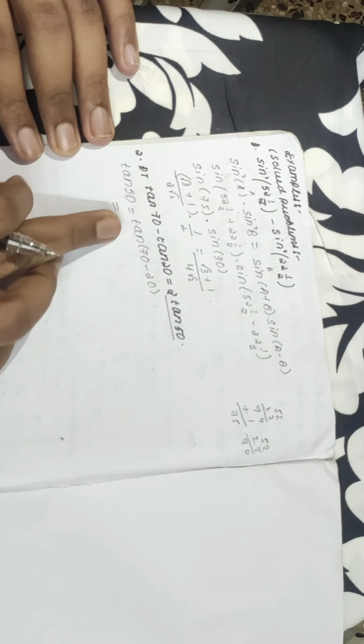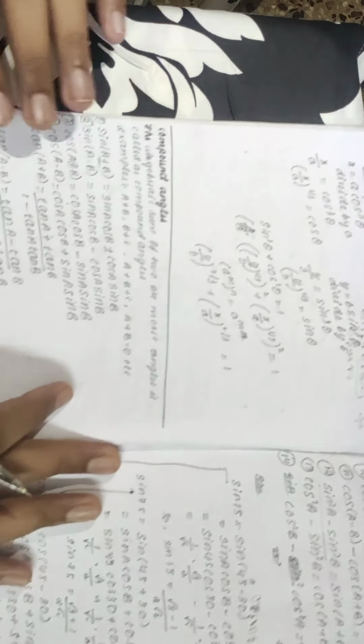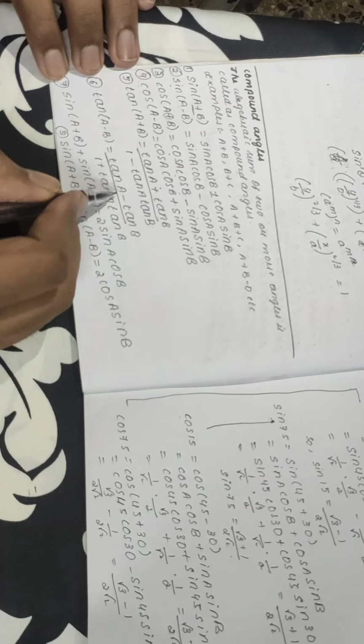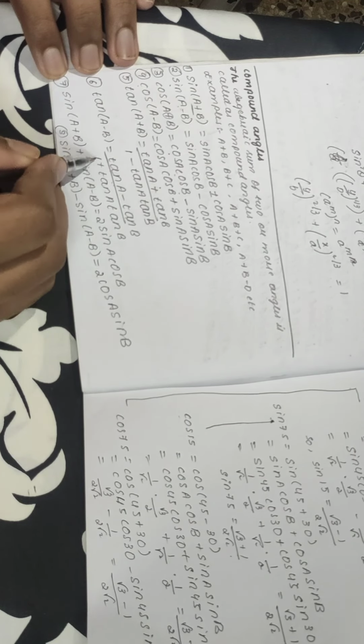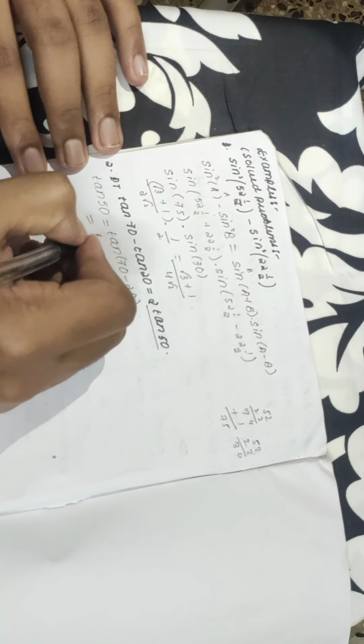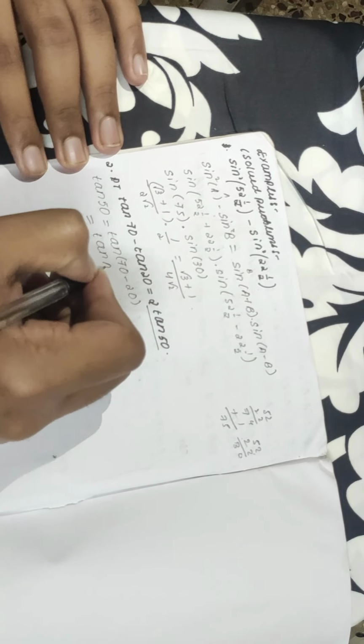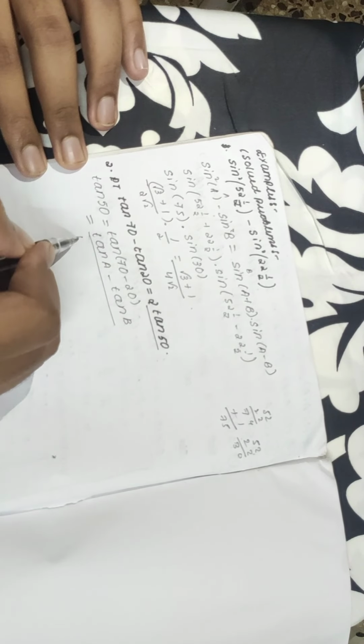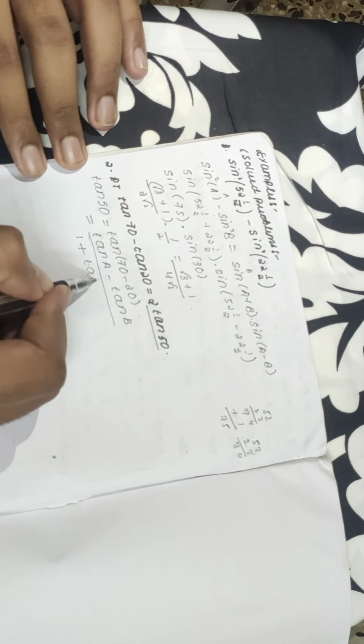We know that tan of a minus b is equal to tan a minus tan b by 1 plus tan a tan b. Substitute this formula.